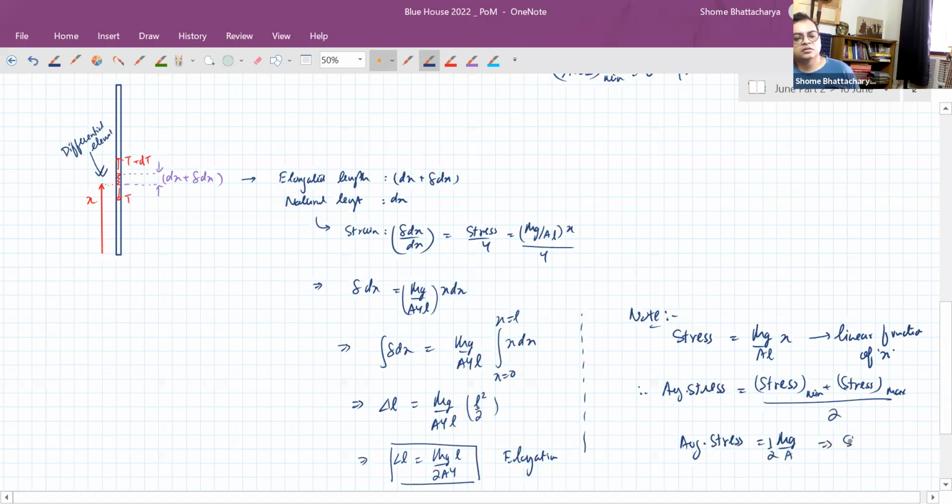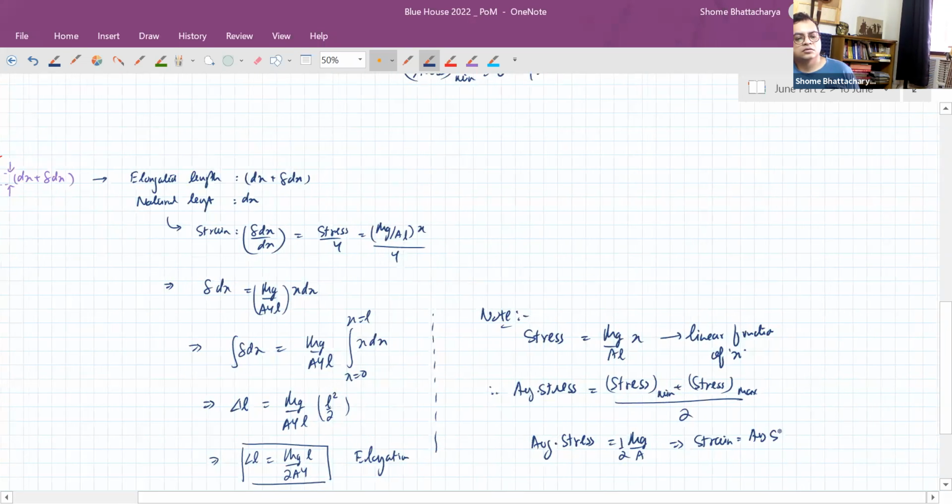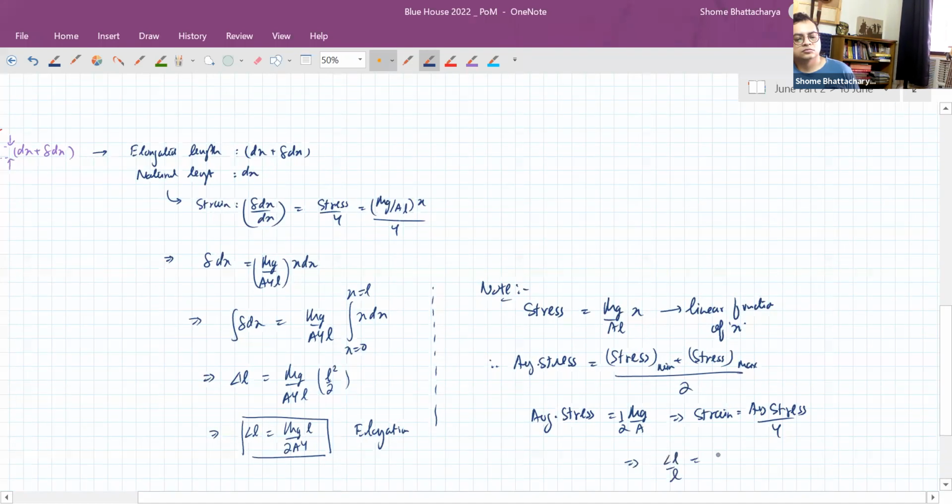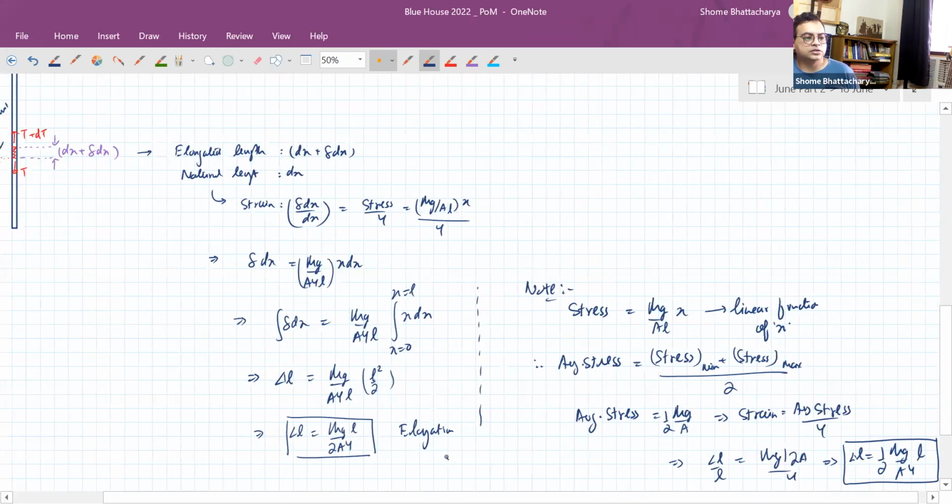So therefore, strain should be average stress divided by Young's modulus. So this result correlates with this. So this is another way of understanding this.